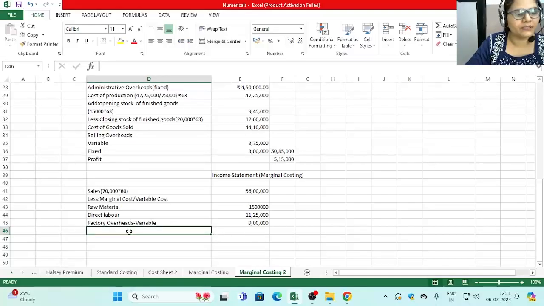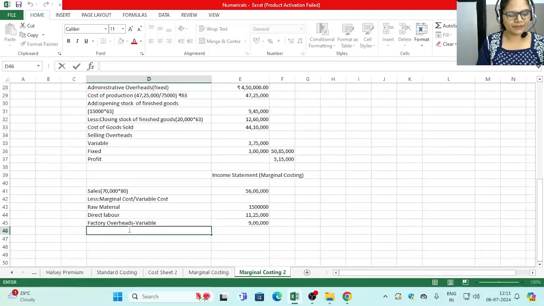After adding all these values, we will be getting variable manufacturing cost. Variable manufacturing cost, again it will be for 75,000 units.